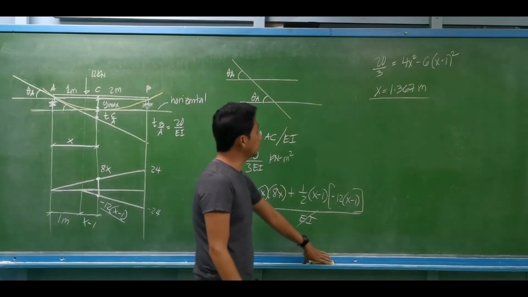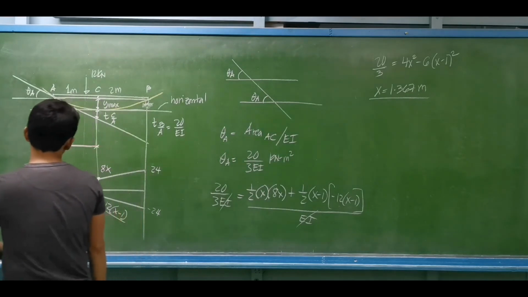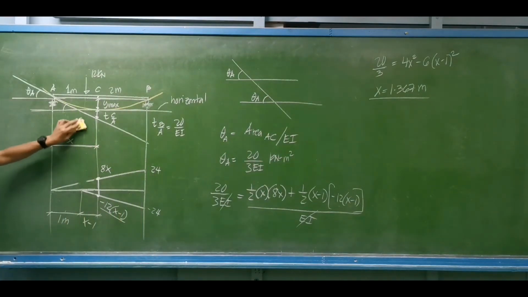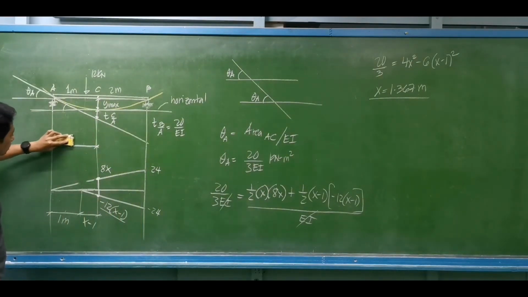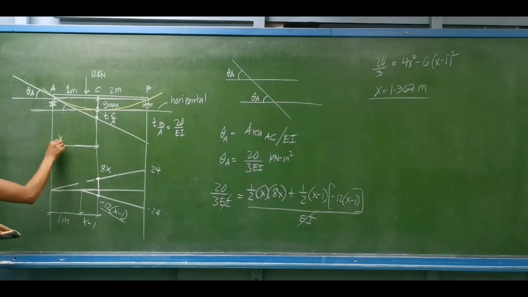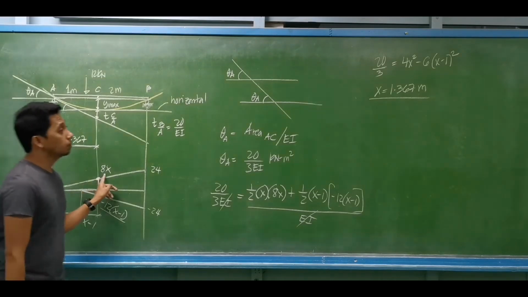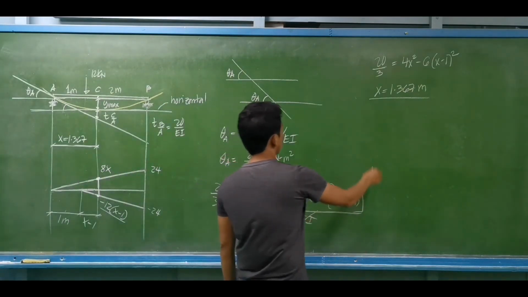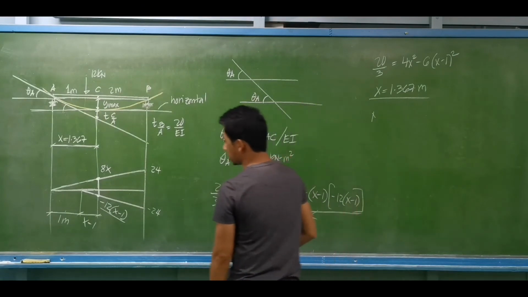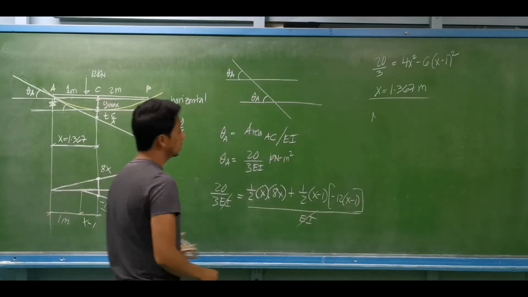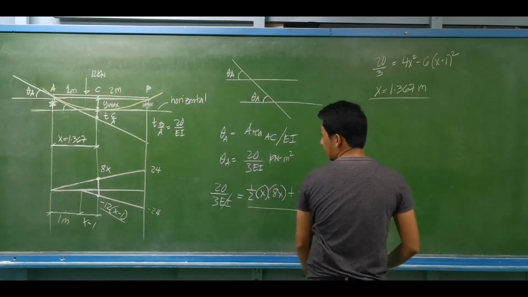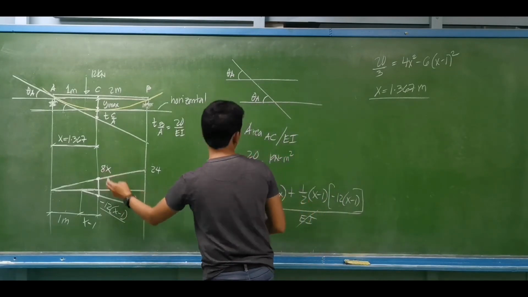So let's compute for the equivalent of the maximum deflection. Okay, so we have the value of x equal to 1.367. So let us determine the equivalence of these moments. This is the moment about, hindi naman siya yung actual moment, yung may equivalent lang ng mga values na to sa moment diagram natin.